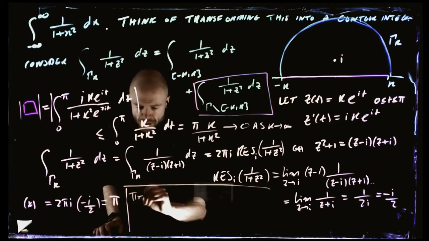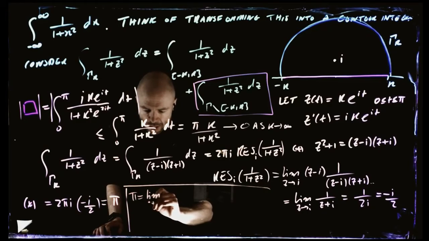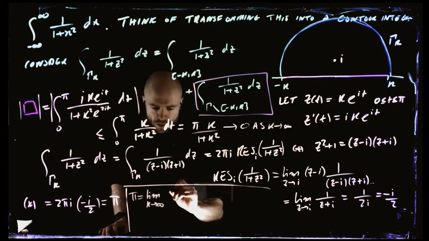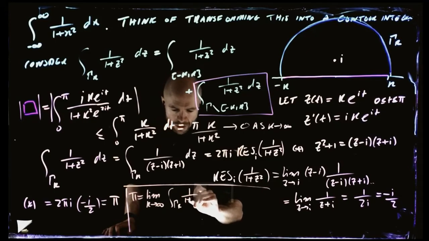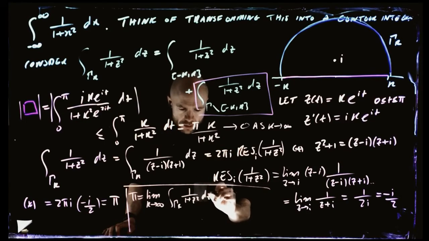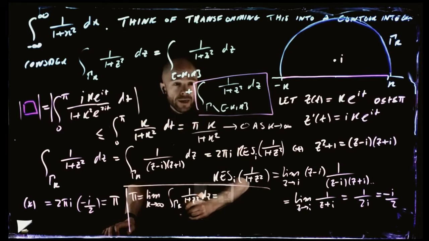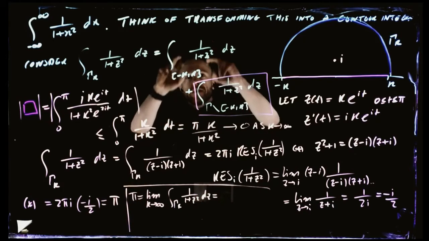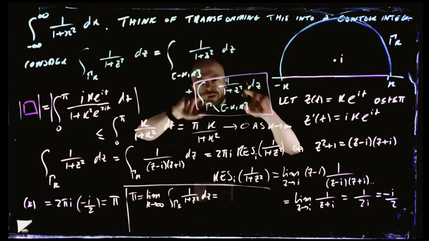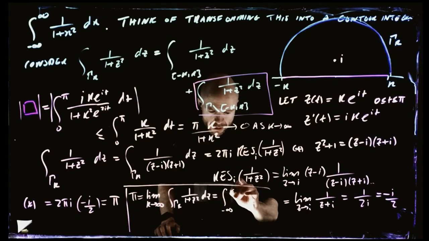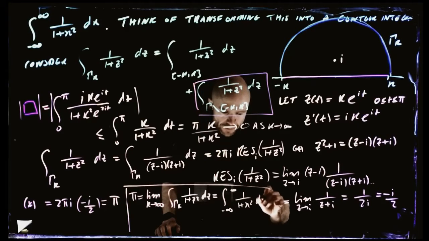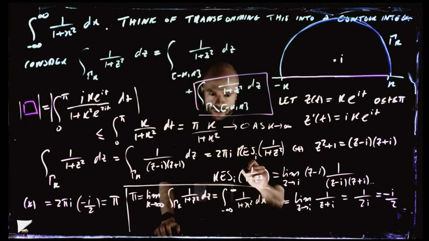So pi is equal to the limit as r goes to infinity of the integral around gamma of r, 1 over 1 plus z squared dz. And in the limit, when we break it up like this, this part survives and this part vanishes. So this thing just turns out to be the integral from minus infinity to infinity of 1 over 1 plus x squared dx, which gives us the answer.